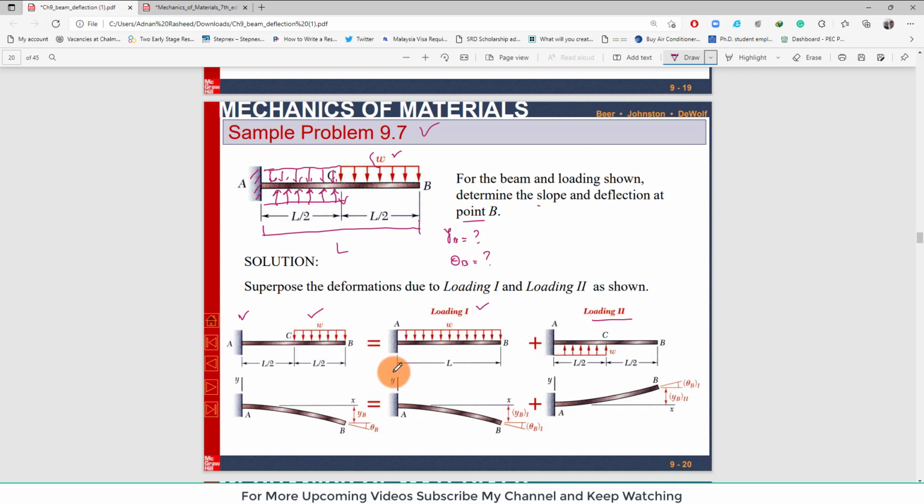So what we will do, we will solve this loading 1 in order to find the deflection at point B and slope at point B. Similarly, we will solve loading 2 in order to find deflection at point B and slope at point B. Now from this you can see that the deflection at point B is YB and slope is theta B. Now here this is for loading 1, so this will be YB1.